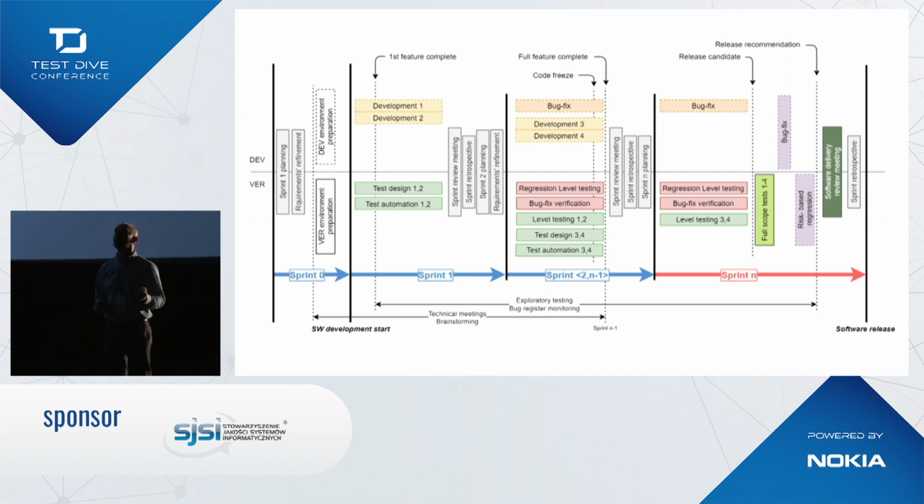With the first part of the feature complete, we already have a starting point for exploratory testing and bug register monitoring, because this is the key. We can start it and look when it is finished at the end of our release. So we can perform this kind of activity throughout our full project cycle.